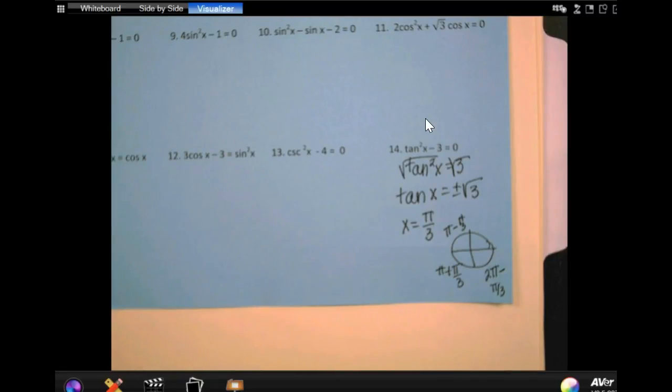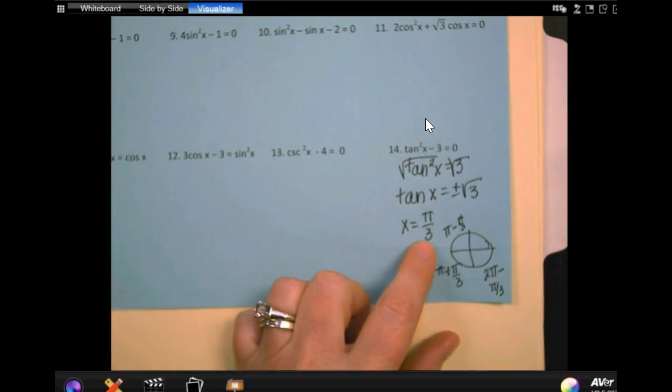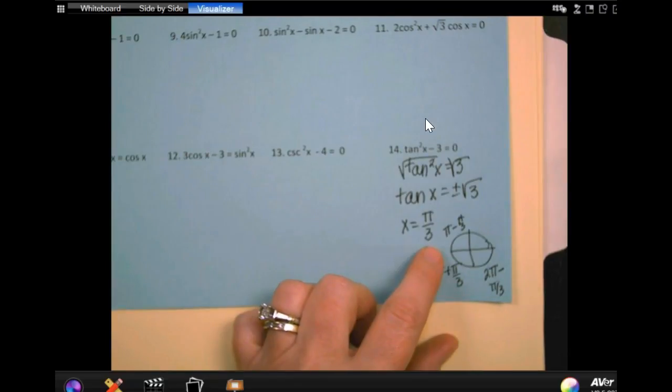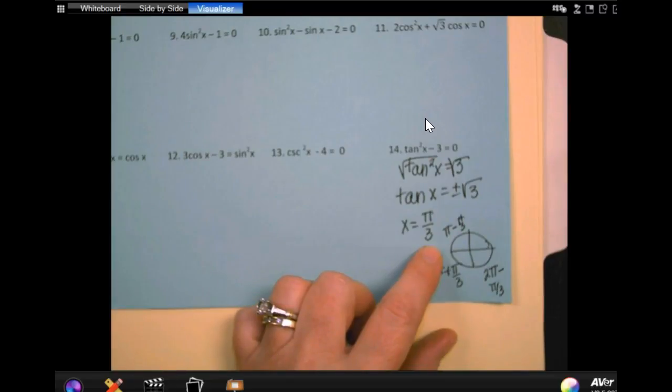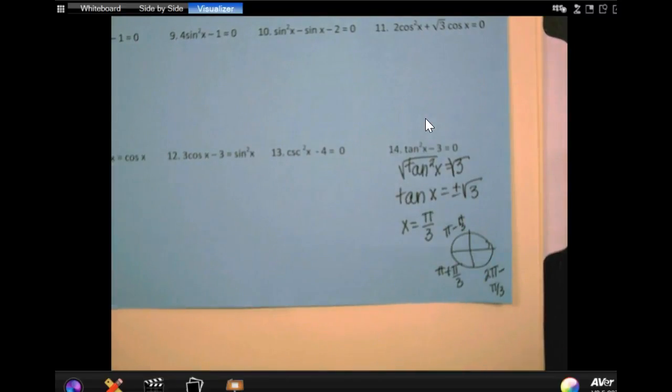Yeah, the answers will all be positive. Her question is, why is it not the negative? Because we did the inverses, that's when we restricted. We're doing the whole thing now, so we're going from 0 to 2 pi. So we're not going to do the positive and negatives on this. Okay, any other questions?